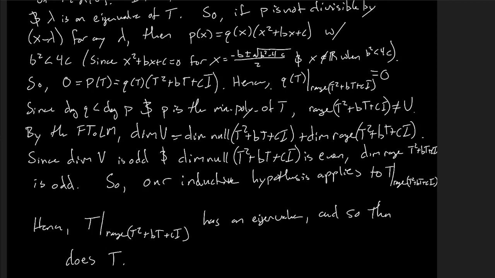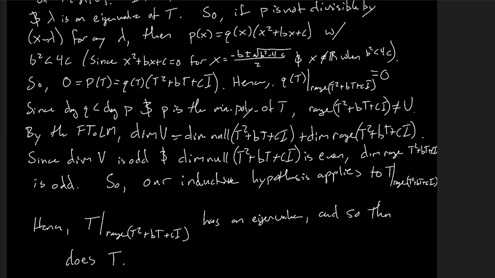Using the fundamental theorem of linear maps, this means that the dimension of the range of t squared plus bt plus ci has to be at least 1. It certainly can't be 0, because otherwise the dimension of v would be even, and we've assumed it's not.